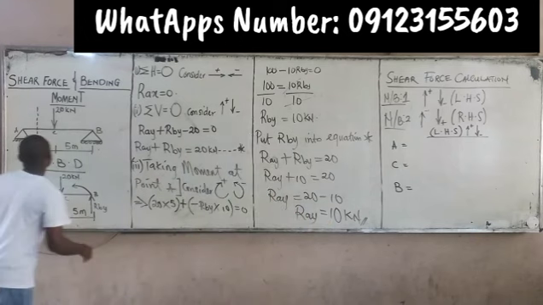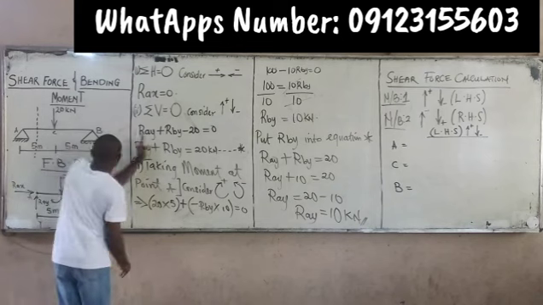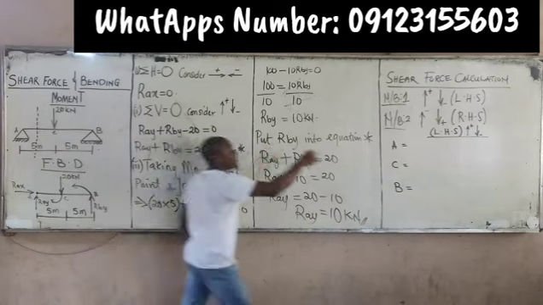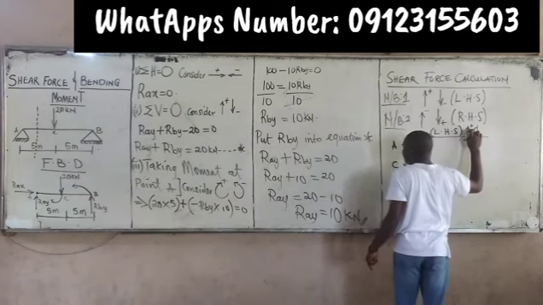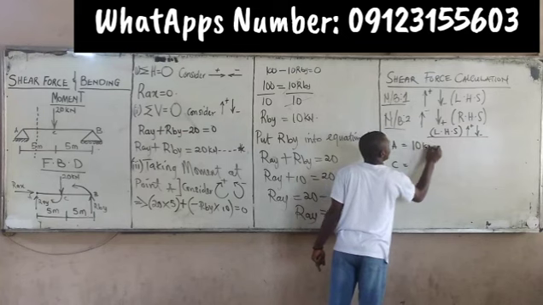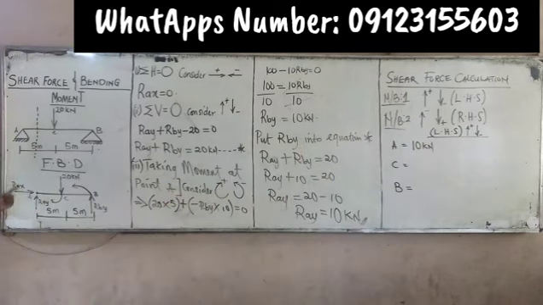If I section A in this manner, I'm moving like this. I have only an upward force here, going up. And we said upward force for left hand side is positive. So I have 10 kilonewton as my first value there.